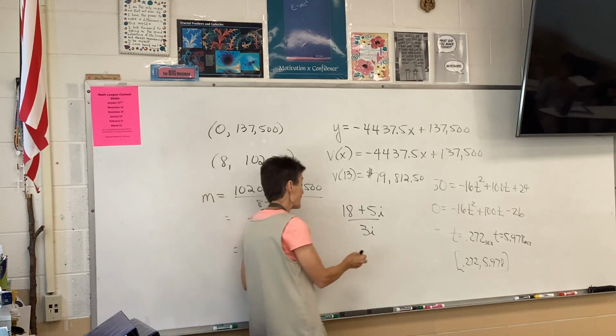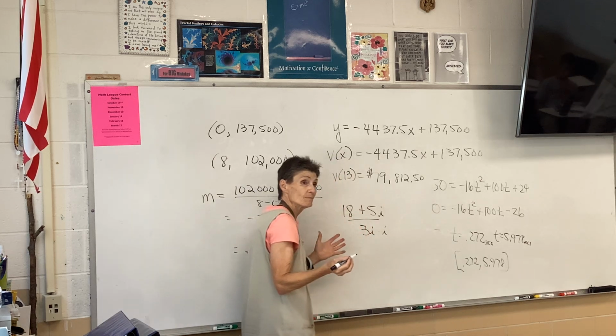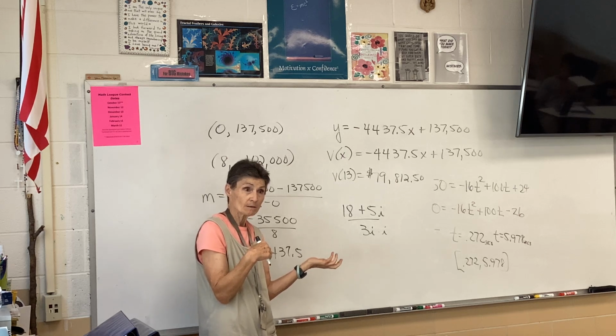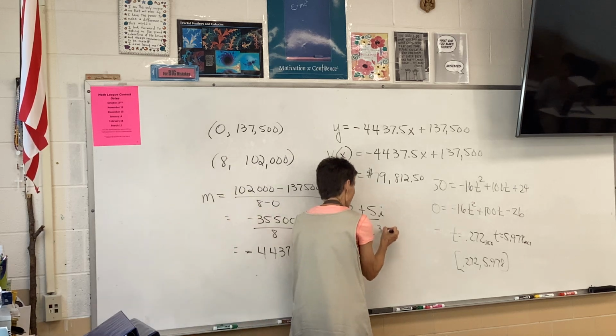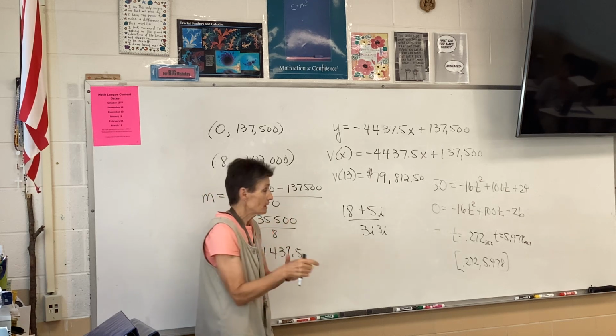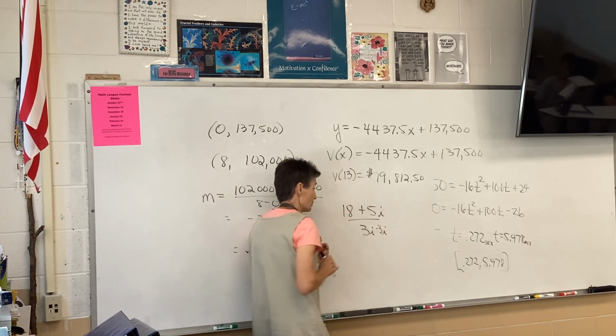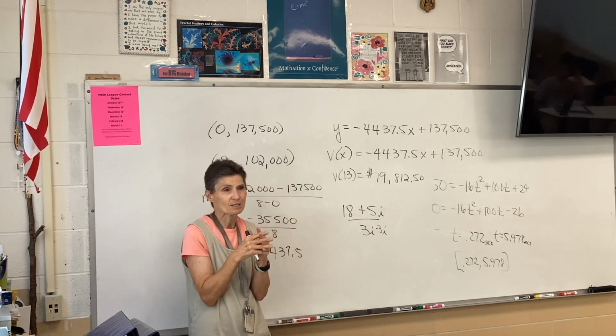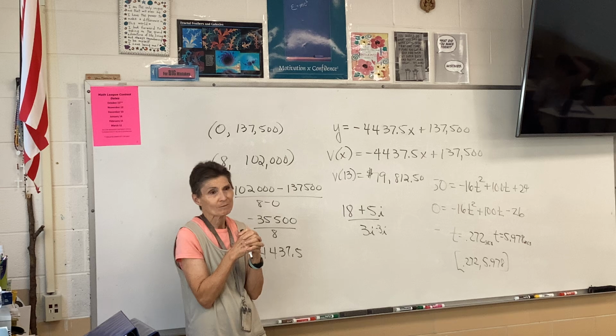So a plain i will do it, because that's going to give you a -3 down there. A 3i will do it, because that will give you a 9i squared. A -3i will do it, because that will give you a -9i squared. As long as you're getting an i squared, it doesn't matter.